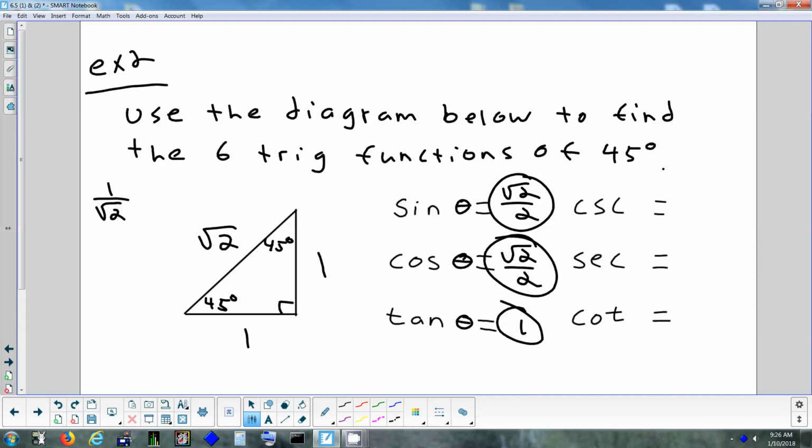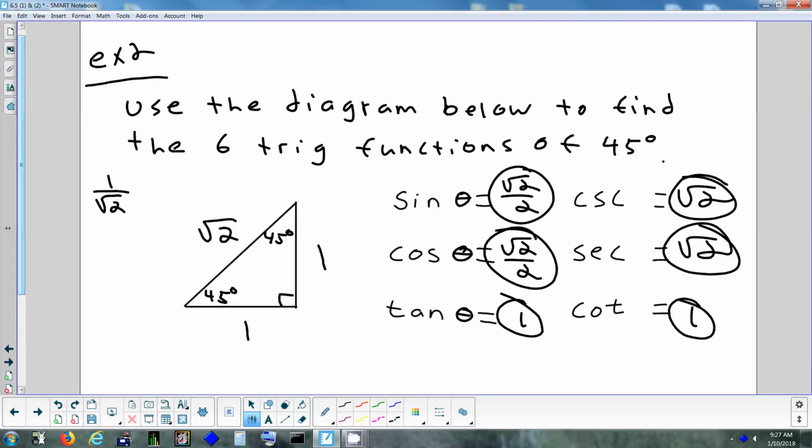So that makes the cotangent pretty quick, because if you flip 1 over 1, you get 1 over 1. Jay, and how about the cosecant? It would just be square root of 2. Right, if you flip what you have for the sine and you fix it, you're going to end up with square root of 2. And since sine and cosine are the same, so are cosecant and secant.